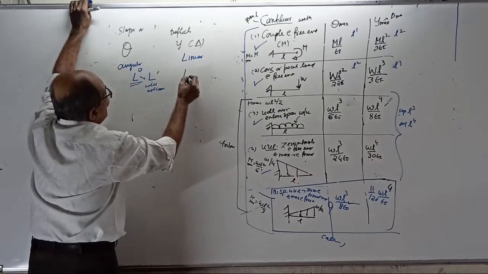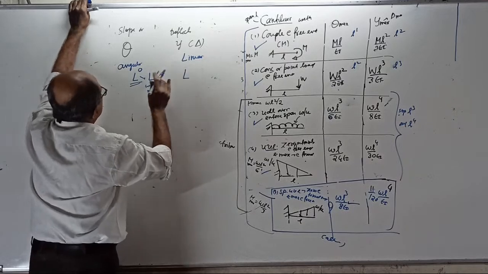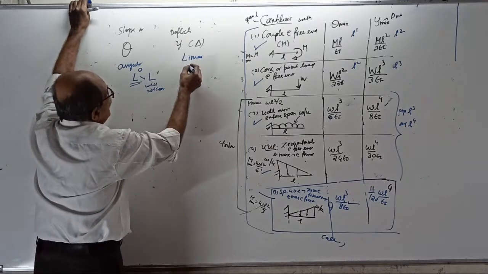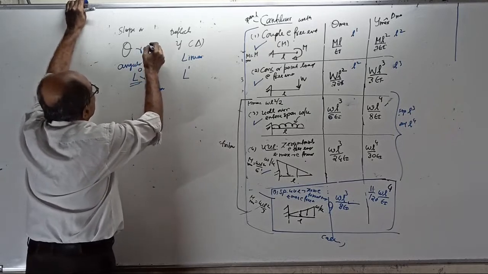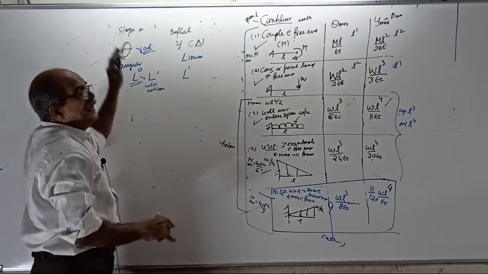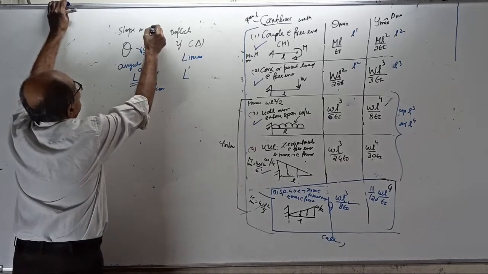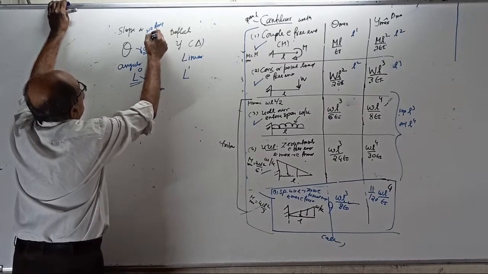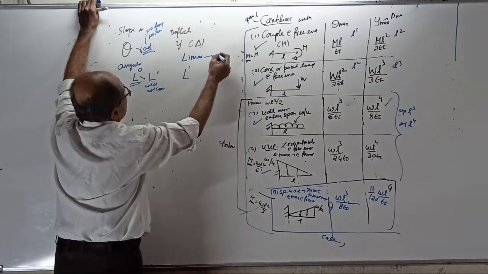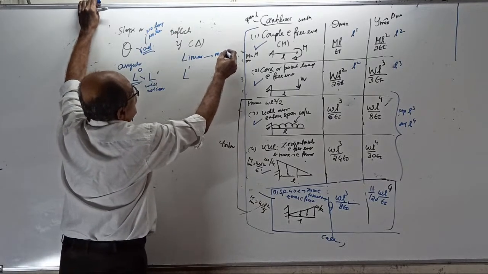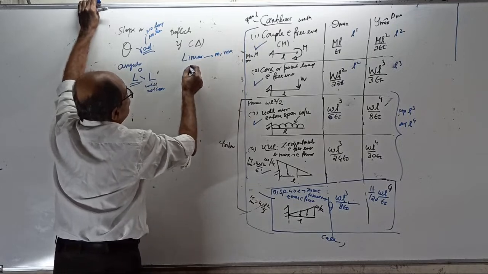Here L power 1 will come. Like what? Theta comes in radians. Radian means there is no linear, no force. Here linear means like meter, millimeter, etc. L power 1.